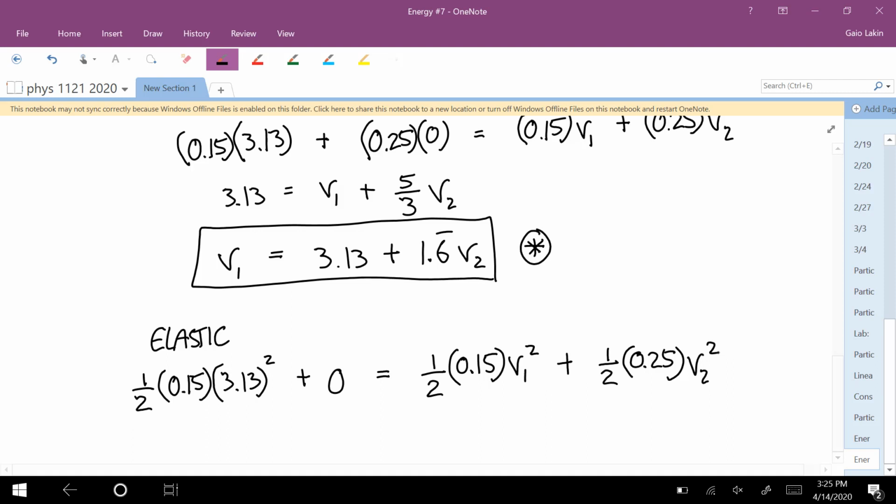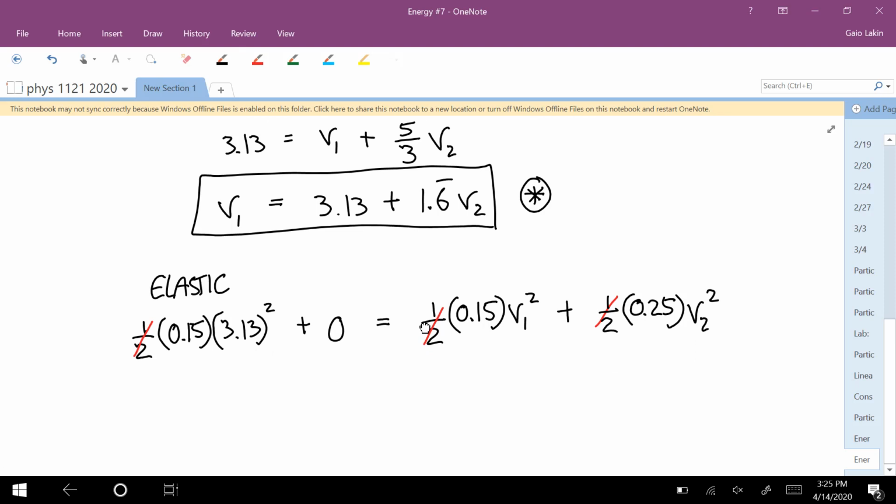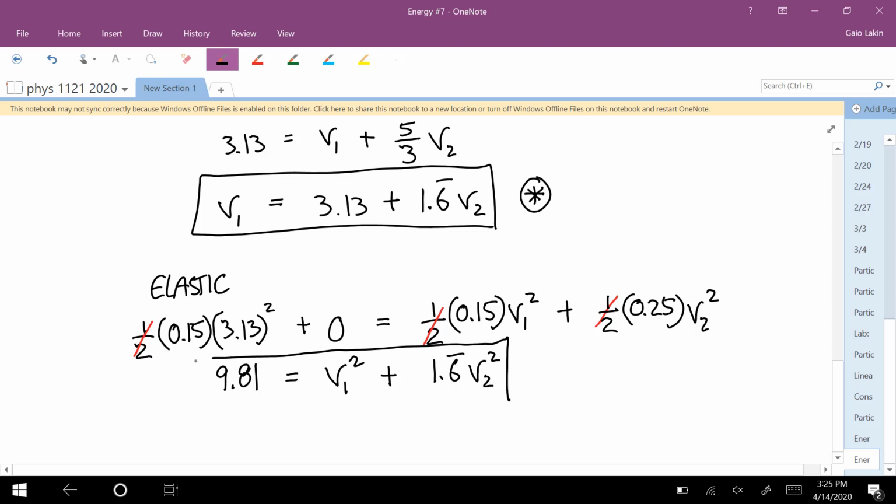I'm going to get rid of the halves and divide everything by 0.15. And 3.13 squared is 9.81. That's equal to v1 squared plus 1.6 repeating v2 squared, and I'll call that my second equation, 2 star.